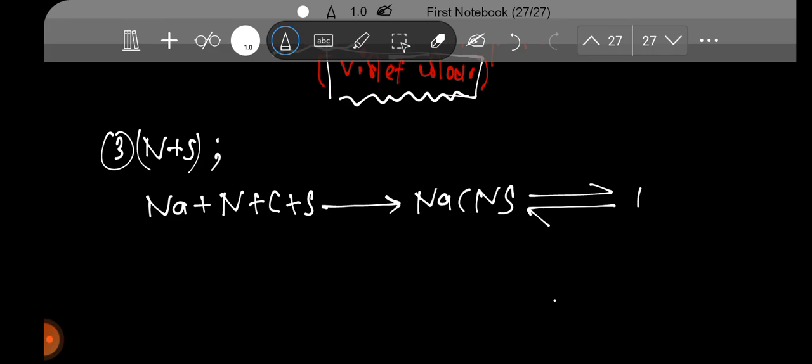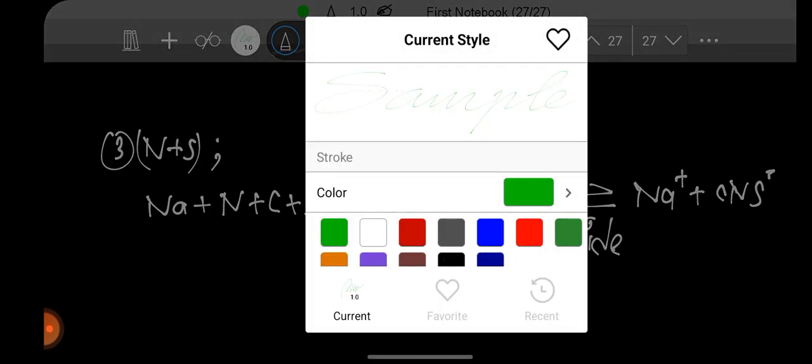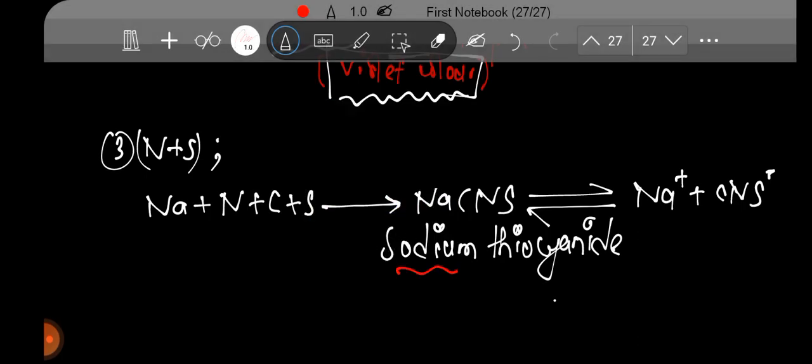Na plus N plus C plus S gives NaCNS, which gives Na+ plus CNS-. This is known as sodium thiocyanide.